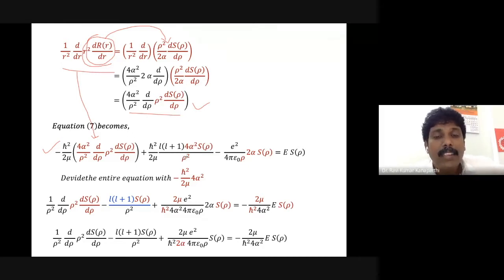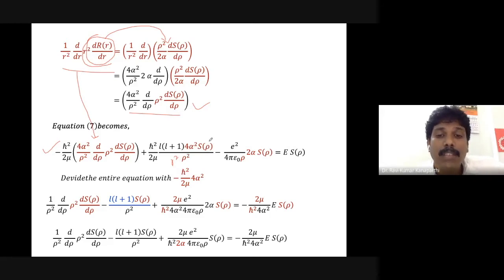And then the second term, if you see, is h cross square upon 2 mu times L into L plus 1, and here, if I'm correct, in the denominator you have r square, not in the numerator. So r square is an inverse of, it is basically rho square upon 4 alpha square, but it is in the denominator, therefore 4 alpha square upon rho square is there.